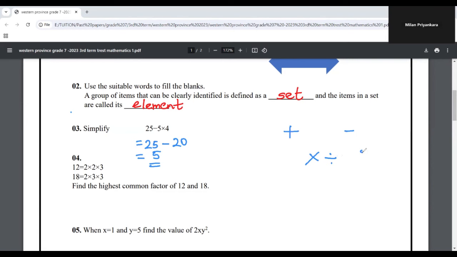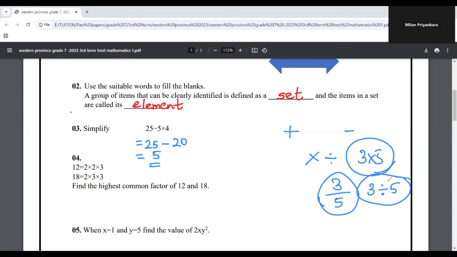For example, 3 into 5 is a single term, and 3 divided by 5 is also a single term. So if you have 3 plus 5, these are two terms.